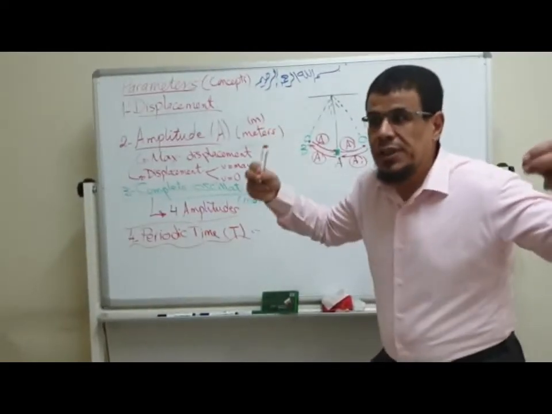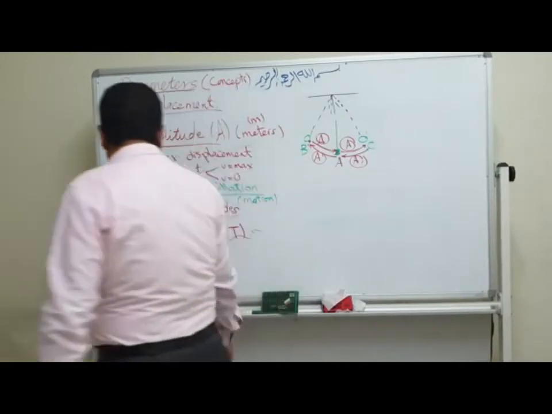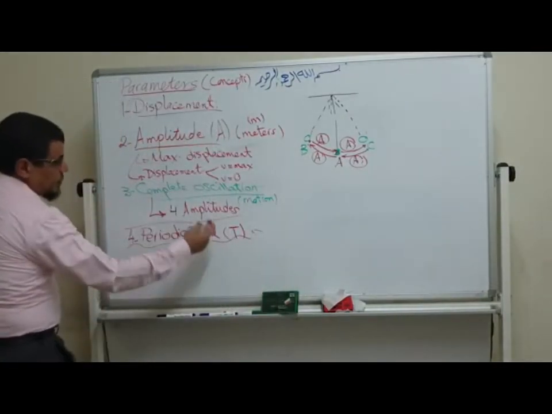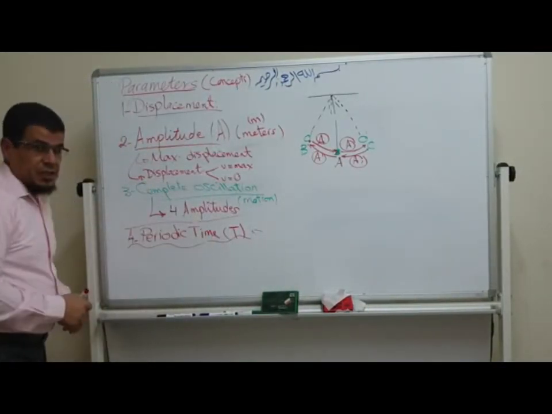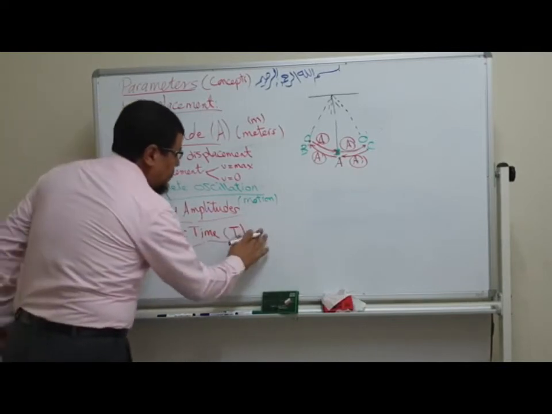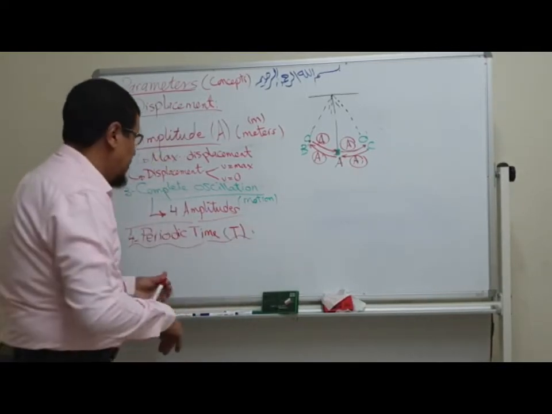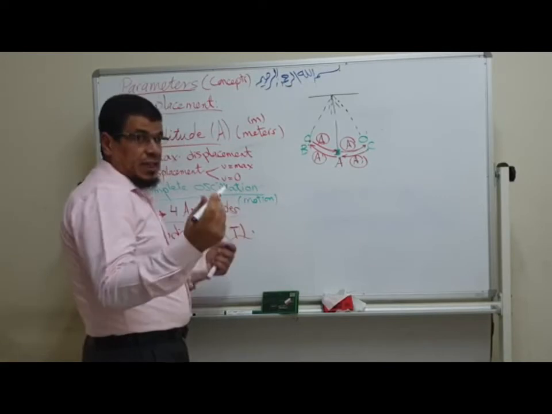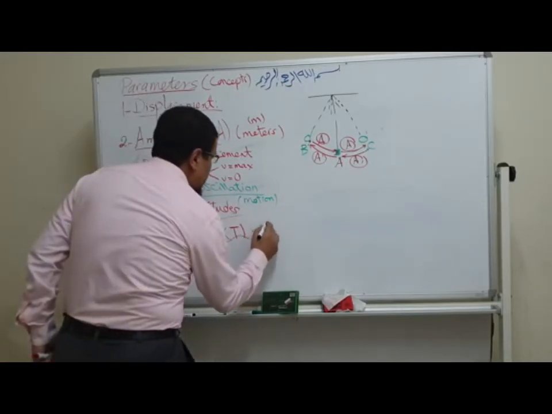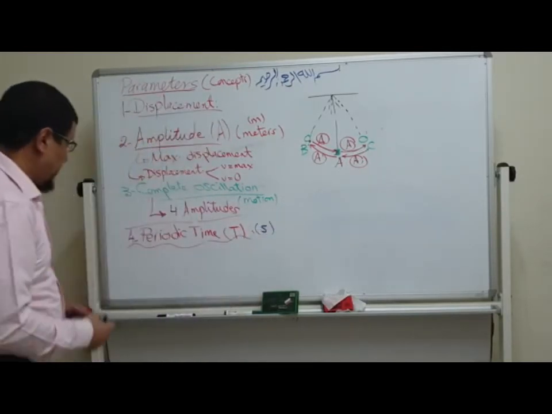We need the periodic time. So the periodic time is the time to make a complete oscillation. That's all. We measure periodic time in time, so it is measured in seconds.